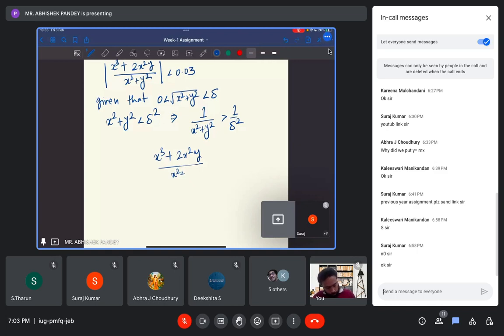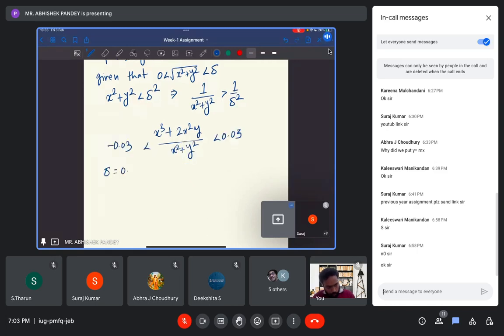So if your delta is equal to 0.1, delta should be less than at least the epsilon.